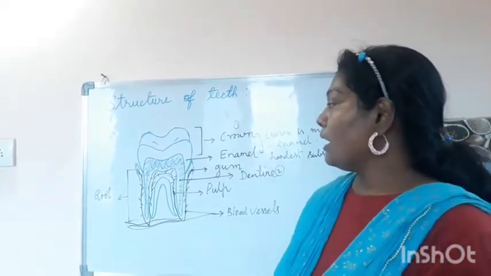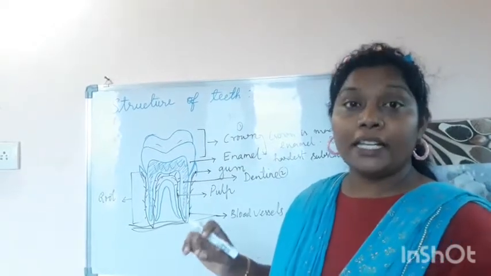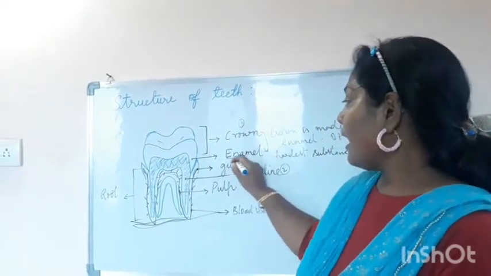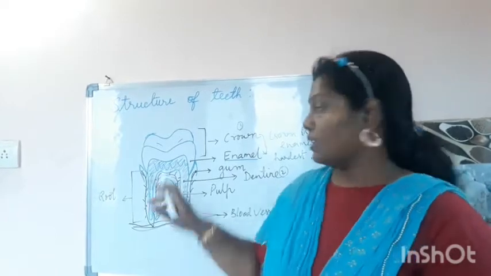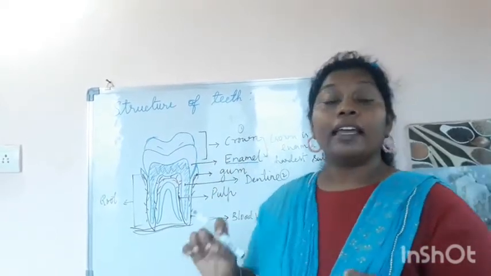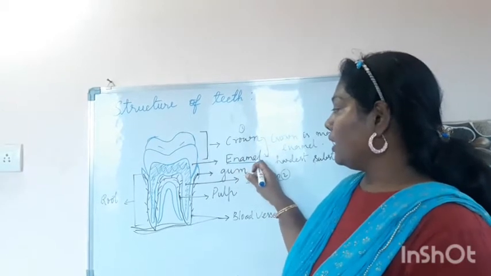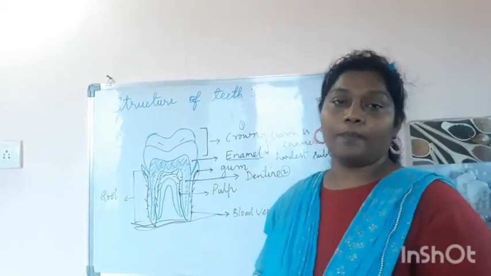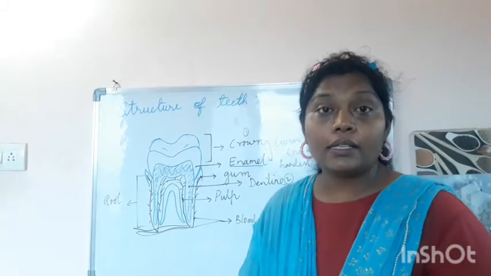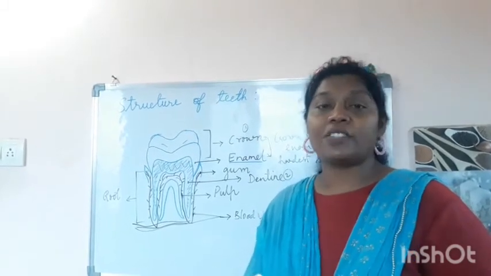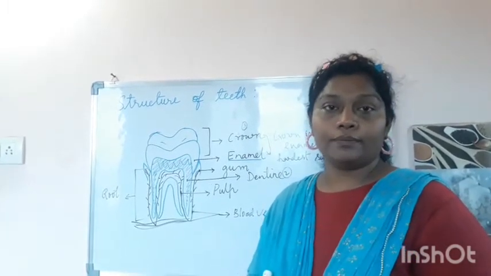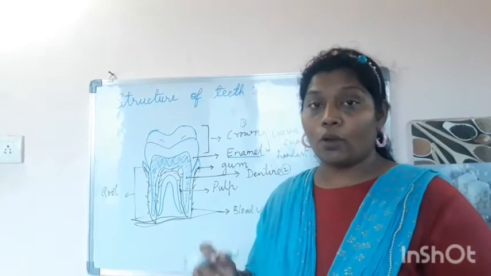This crown is made up of a material called enamel. E-N-A-M-E-L. Enamel. This enamel is the strongest substance in your body. It cannot be easily broken.